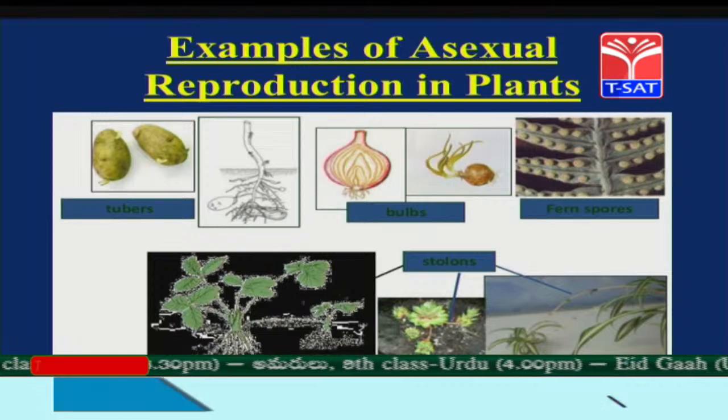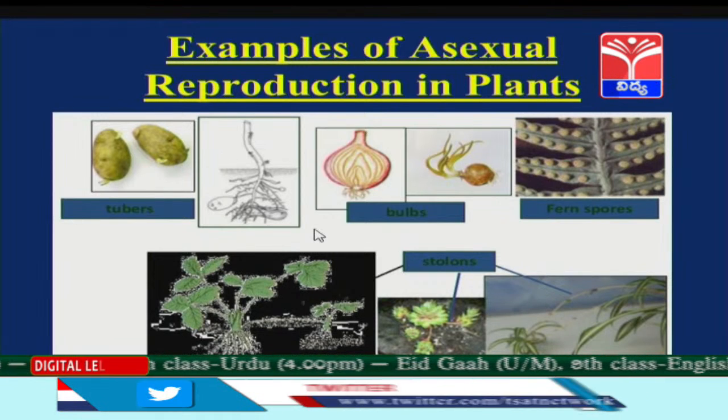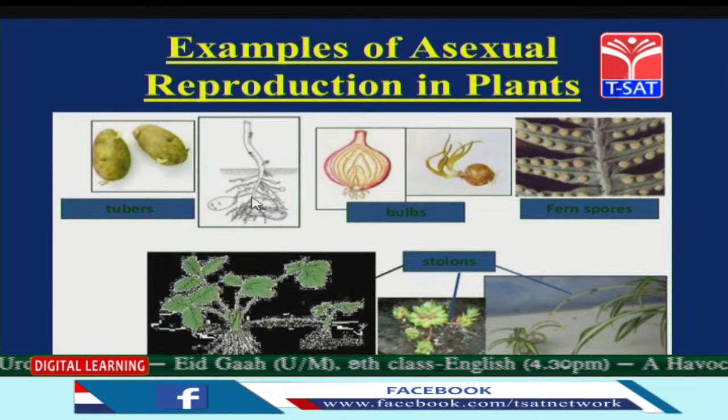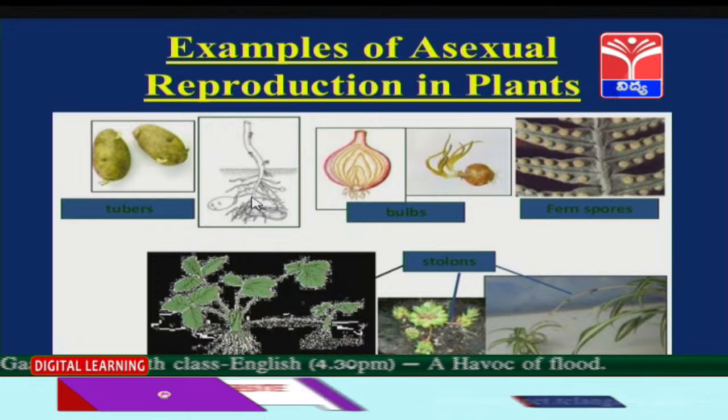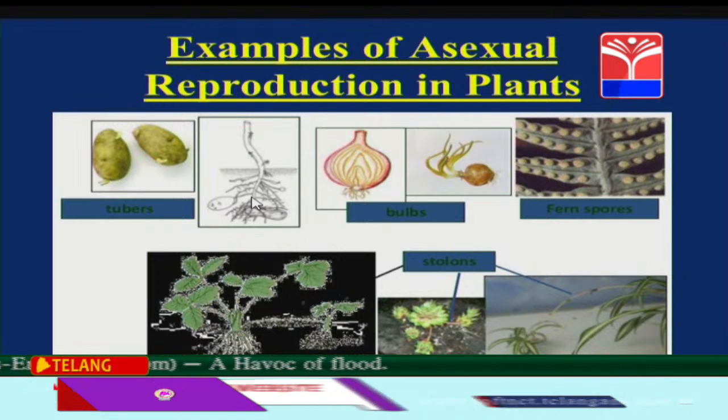Here some more examples are given. All these are examples where the process of asexual reproduction takes place, the process of reproduction where there is no involvement of male and female reproductive organs of a flower.